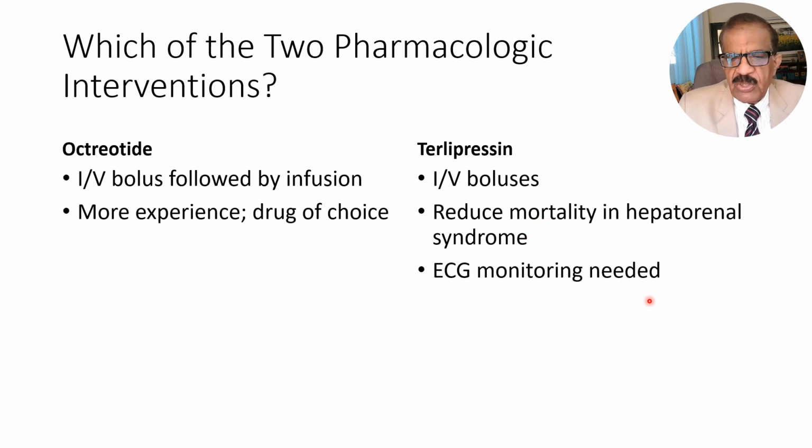ECG monitoring is needed because this is actually a vasoactive substance. Occasionally, if somebody has background coronary artery disease, it can precipitate arrhythmias and coronary vasoconstriction. So ECG monitoring is needed. I think both are acceptable, but as I said earlier, in our setting, octreotide is preferred.